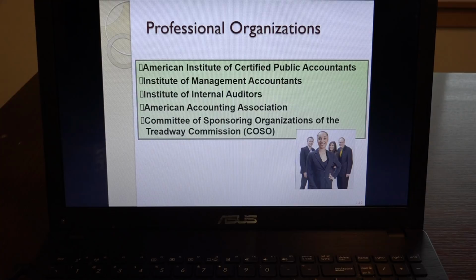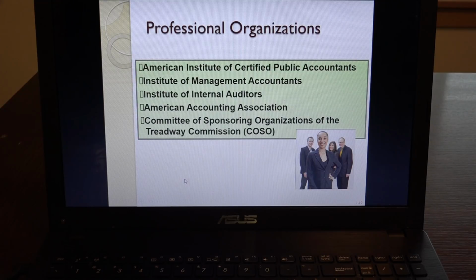And then you have something called an internal auditor. We'll talk a little bit more about that probably in the future. You can become a certified internal auditor, a CIA, not related to the covert operation.